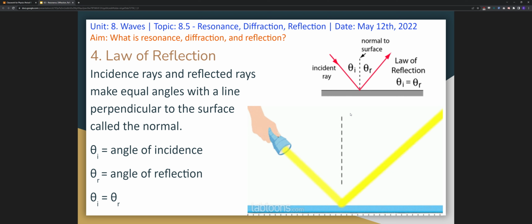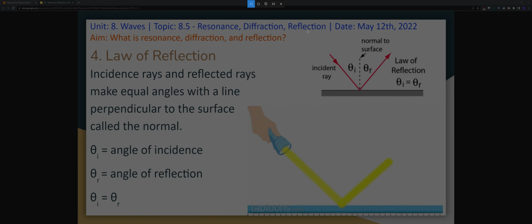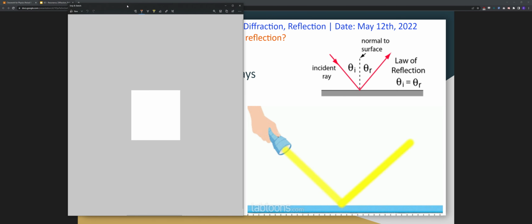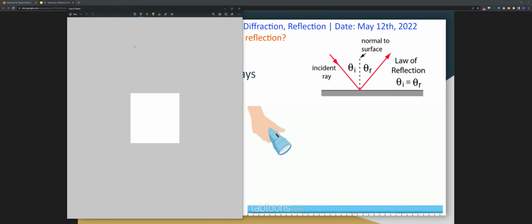So, law of reflection. We did this in the lab when we talked about the law of reflection. So let's say you have a surface, let's say this is the mirror, right? Very important here is that we always draw something called a normal line.